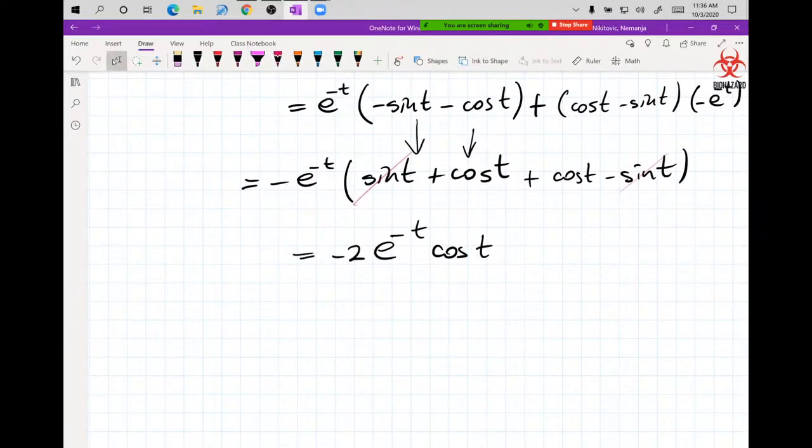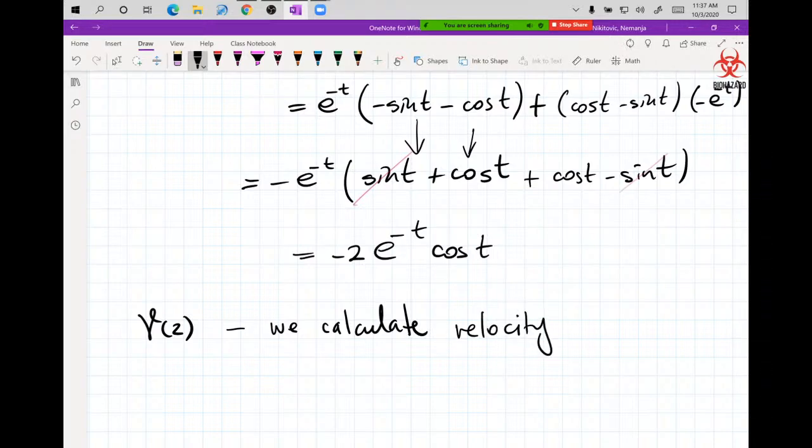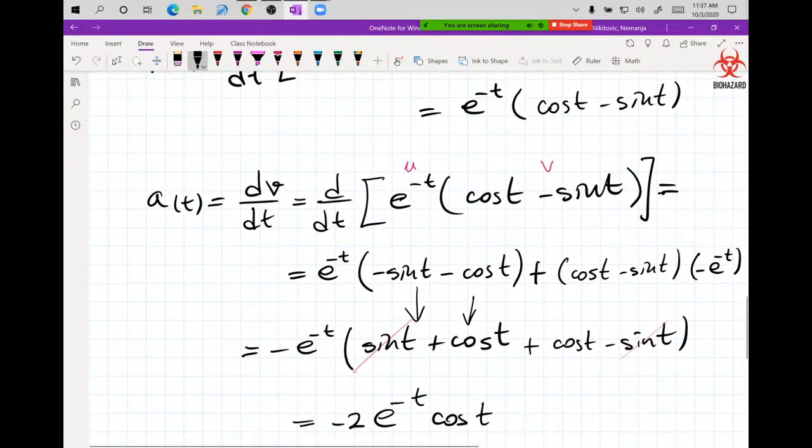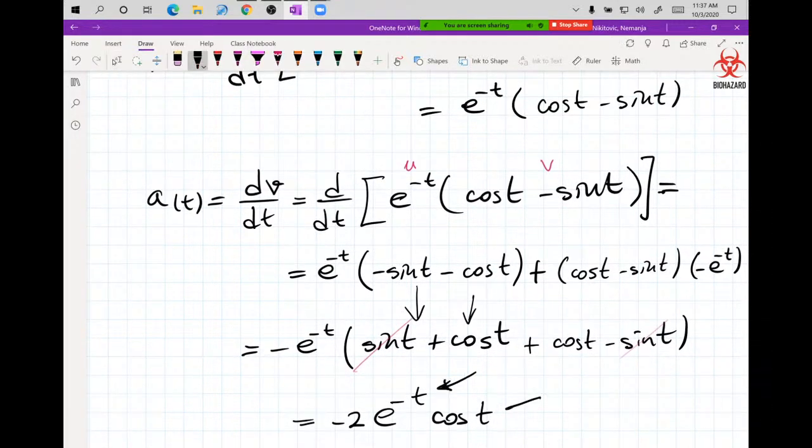So if I say v of 2, that means we calculate velocity at t equals 2, let's say, seconds. So literally you're just plugging in number 2 right there and number 2 right there, and that's going to give you some decimal over here, and you have your answer, right?